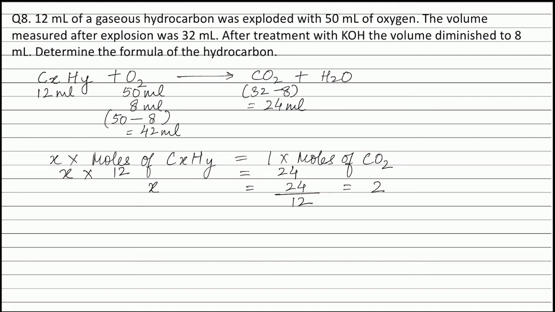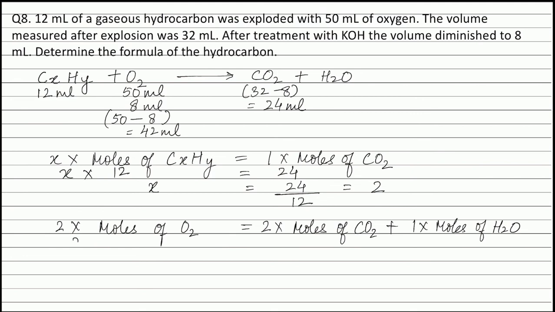Now applying the principle of atom conservation on oxygen atoms, we can write 2 into moles of oxygen is equal to 2 into moles of CO2 plus 1 into moles of H2O.